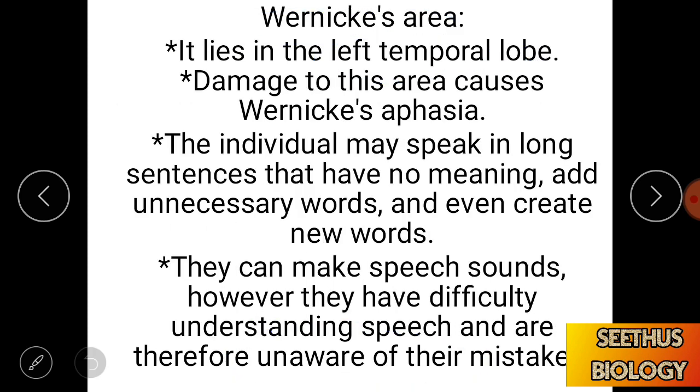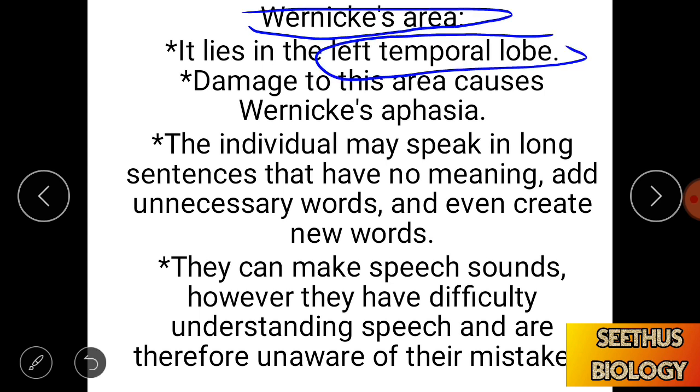The next one is Wernicke's area, which is present in the left temporal lobe. If damage occurs in Wernicke's area, it is known as Wernicke's aphasia. The individual may speak in long sentences that have no meaning. A person suffering from Wernicke's aphasia can speak for a long time, but the words have no meaning.